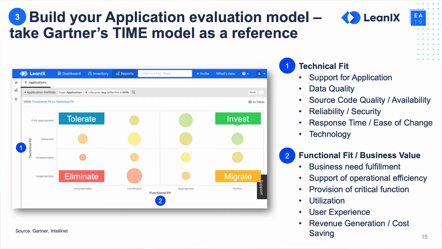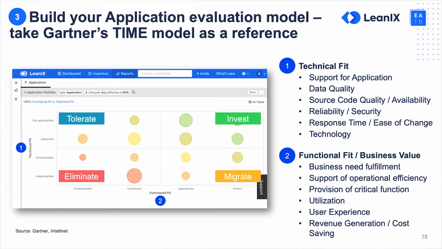If you take Gartner's TIME model, about tolerate, invest, migrate, and eliminate, we believe that this is a pragmatic and good way to identify the candidates where you would want to invest or which you probably want to eliminate.